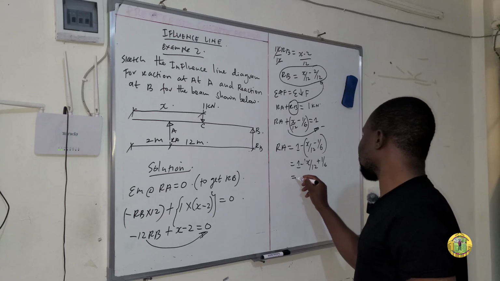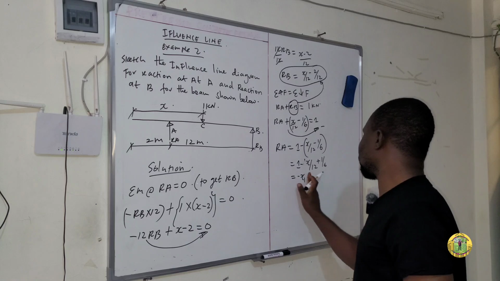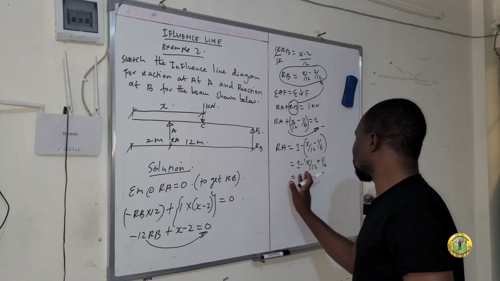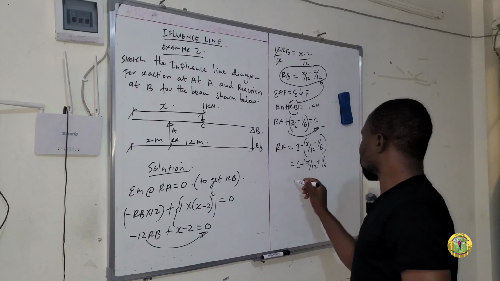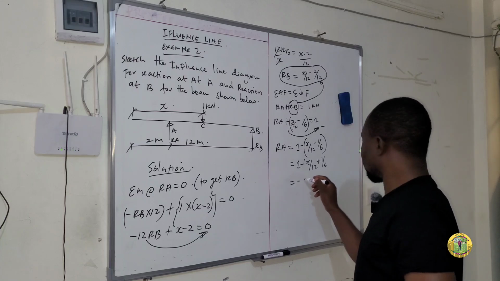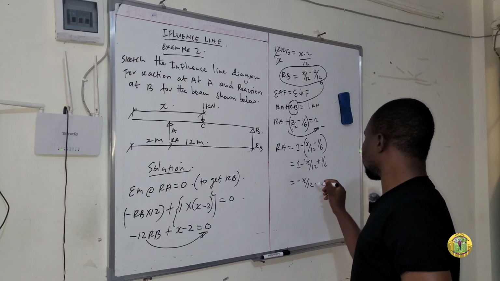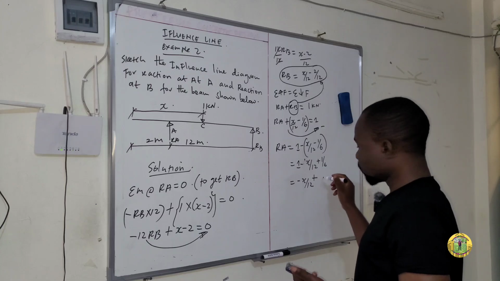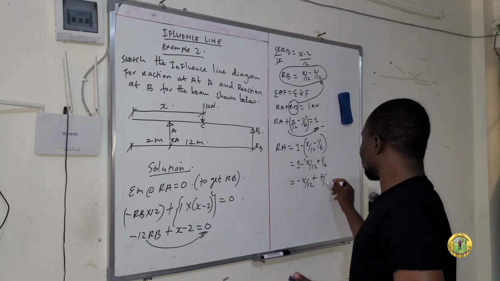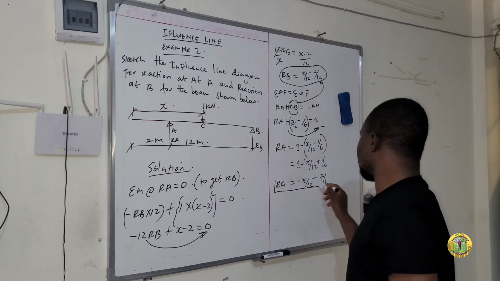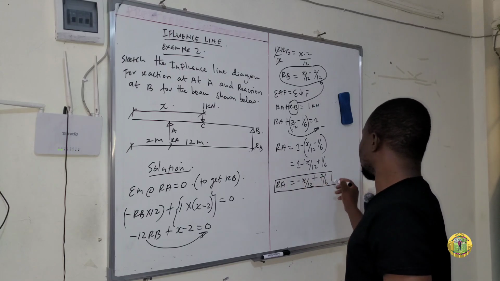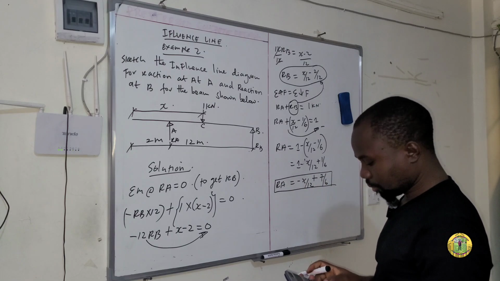So minus x over 12 plus 7 over 6, and this is RA.